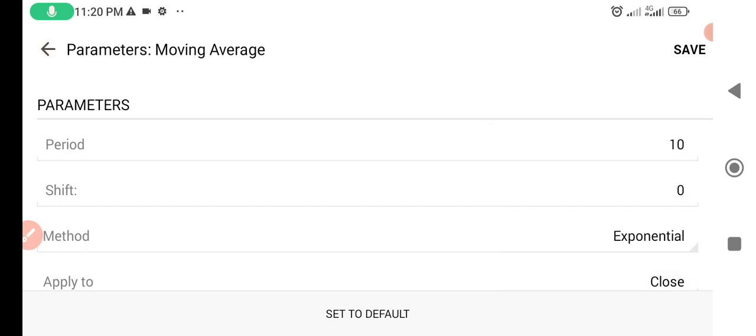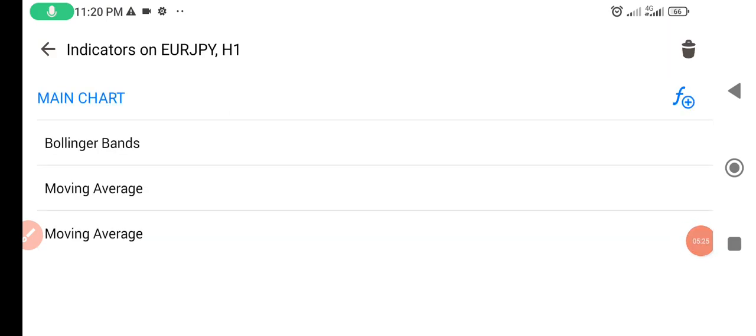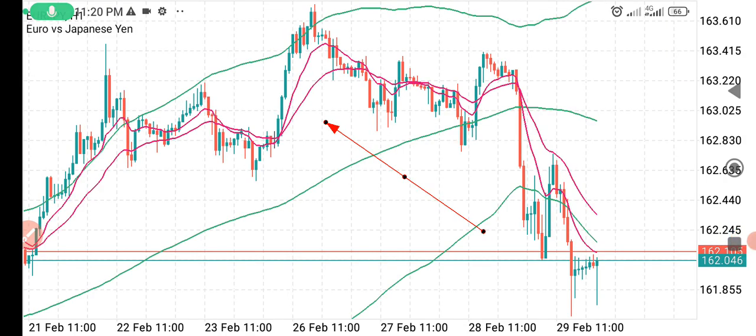Good. Period 10, exponential, then apply to close, then you go back.